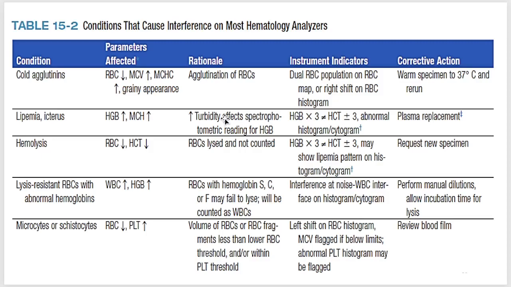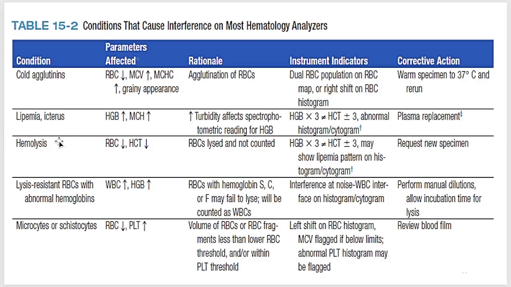Therefore, mas may increase ang absorbance, mas may increase ang result. Therefore, ang result will be increased hemoglobin, increased MCH. Instrument indicator natin dyan, of course, hindi na siya nagtutugma sa ating rule of 3. So, how can we correct such problem? Simply, you just replace the plasma.